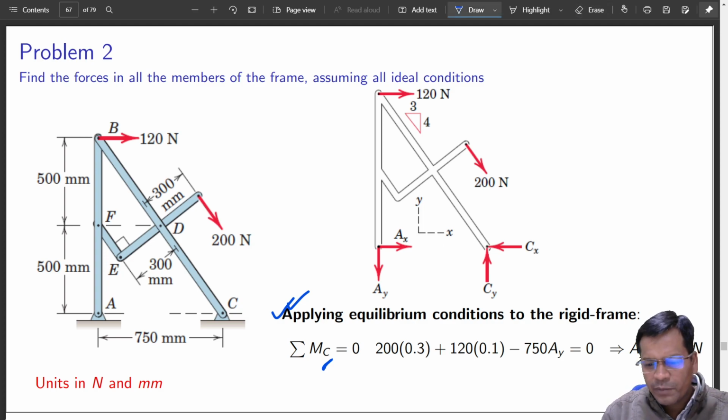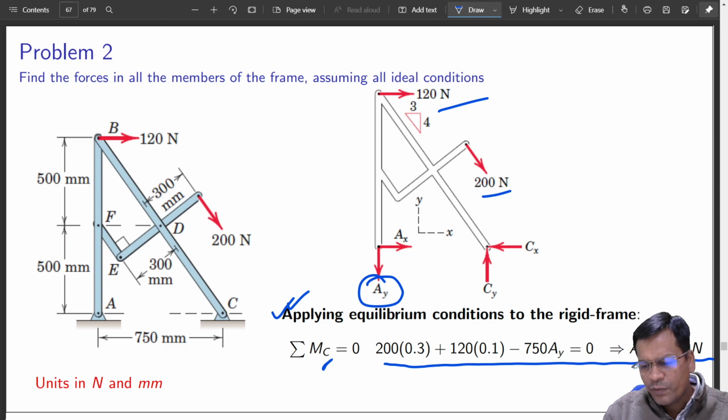What will remain is AX and AY. AX will pass through point C, so it will create zero moment. What remains is just AY, which is unknown. These are the external forces, distances are well known. So I have just used that and created this equation, found out AY.